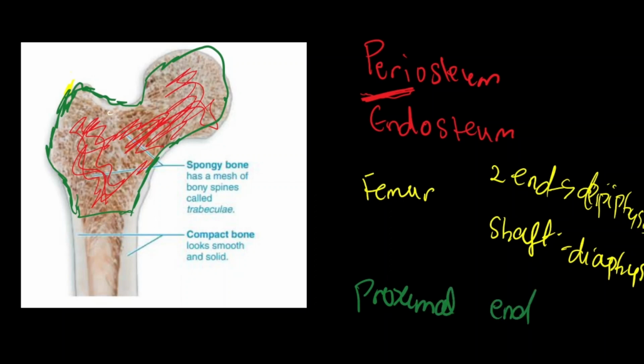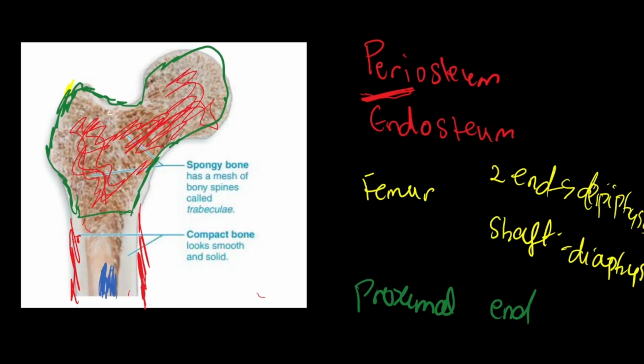However, if we take a look down here, we have the diaphysis. The diaphysis is in red. The diaphysis of the long bone is majorly made of compact bone, and as we can see in this picture, we can see the compactness of the diaphysis, which is the shaft of the bone, and we can also see a well-defined medullary cavity. So we can see the cavity here, the medullary cavity, and in adults this medullary cavity contains yellow marrow, for the storage of fat.